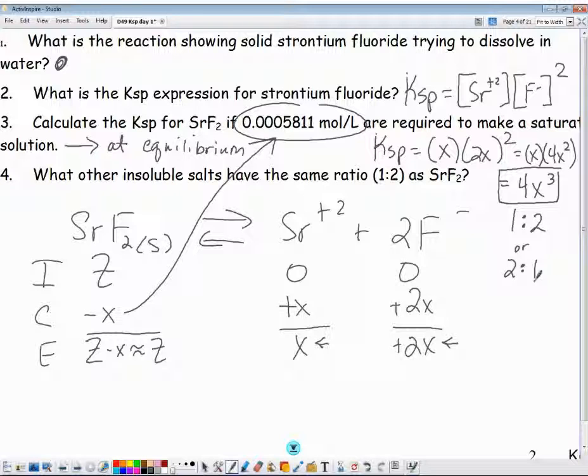When it's a 2 to 1 or 1 to 2 mole relationship between the ions, in pure water KSP equals 4X cubed. Sometimes the X in this chapter is replaced with a little S for solubility. Doesn't matter, it's still the same thing.